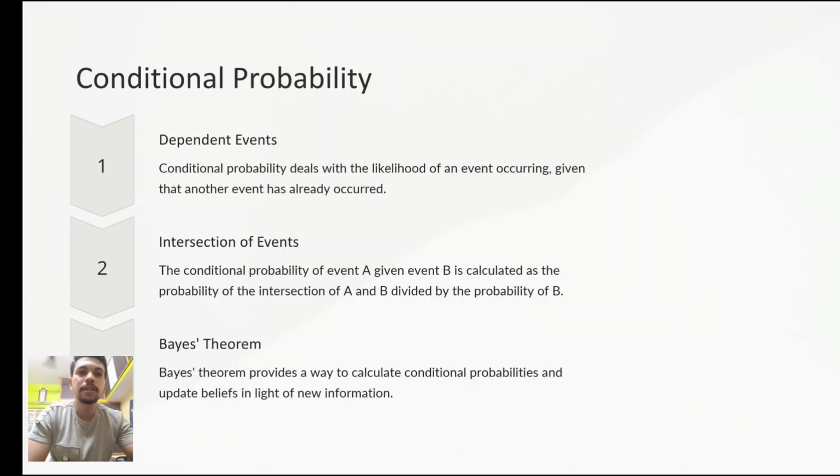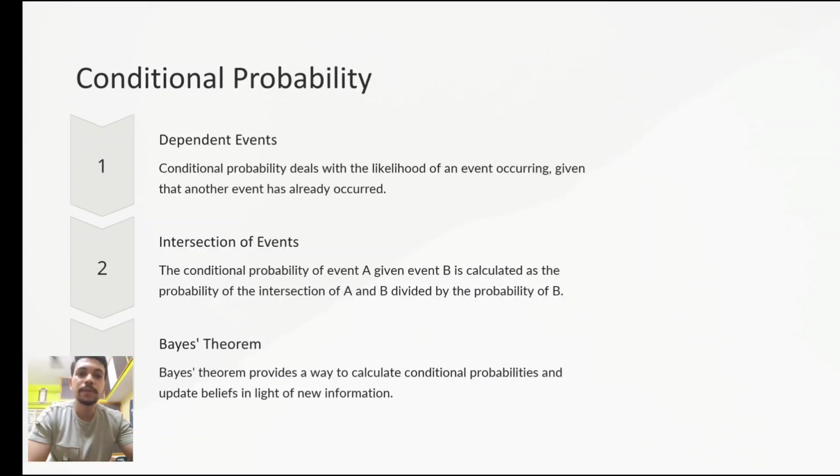Conditional probability deals with the likelihood of an event occurring given that another event has already occurred. Intersection of events, the conditional probability of event A given event B is calculated as the probability of the intersection of A and B divided by the probability of B.